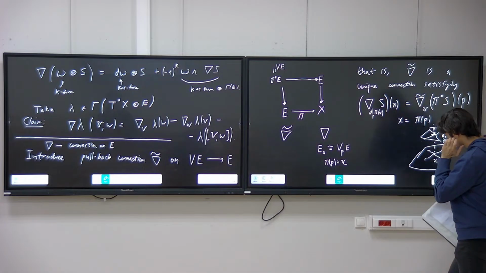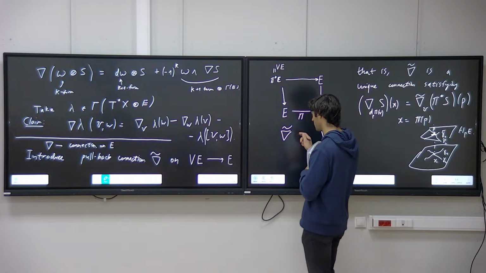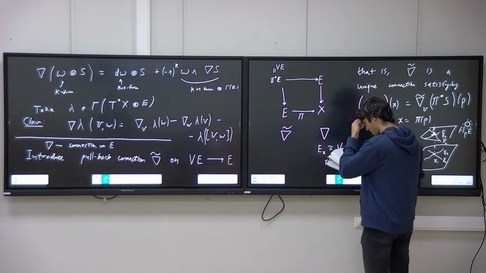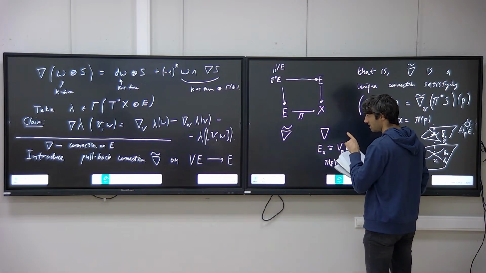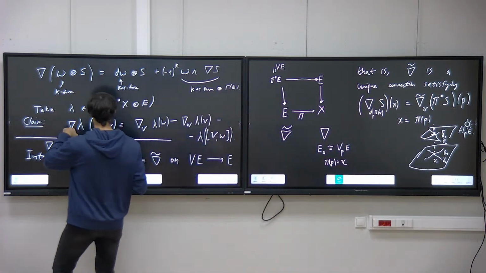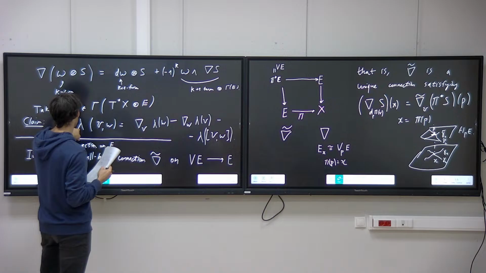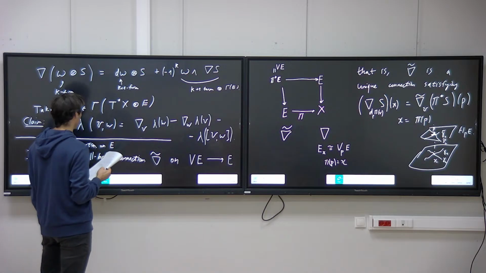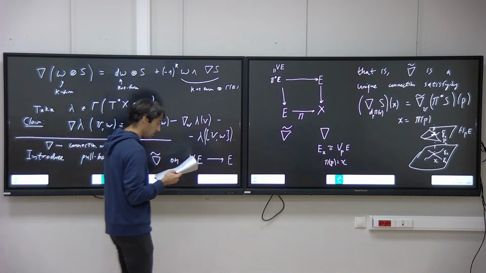Well, suppose we believe that now we have this nabla tilde. This is on VE. And I need to apply it. So this will be my nabla in this claim, and I'm applying this to some lambda. Well, what would be my lambda in this case?